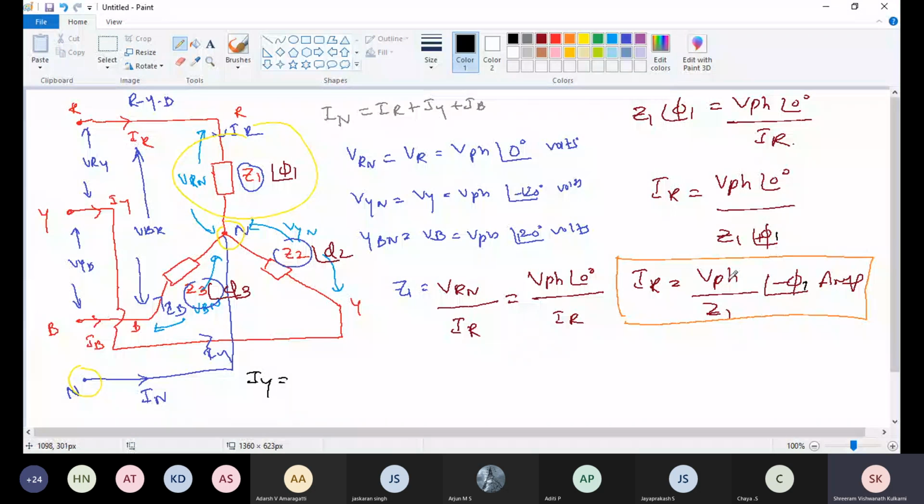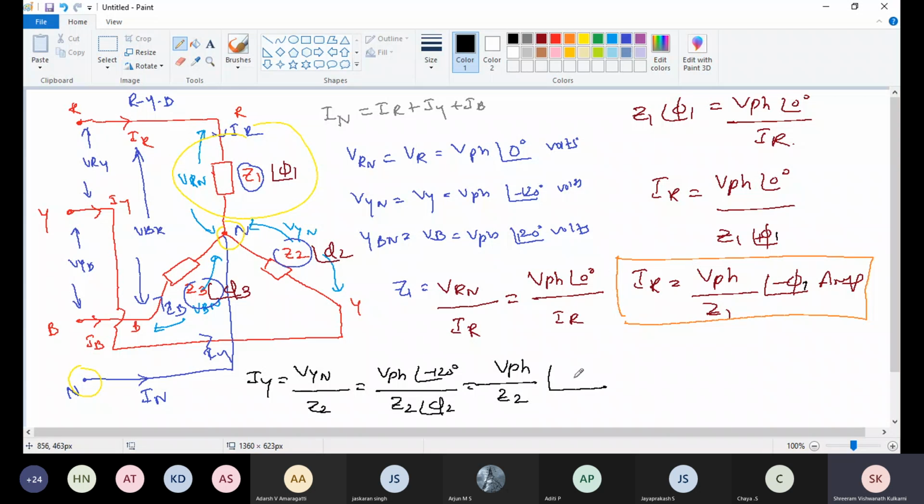IR is V phase divided by Z1 at angle minus phi 1. Now IY is VYN divided by Z2. Here VYN is V phase at angle of minus 120 degrees, and Z2 is Z2 at angle phi 2. So IY is V phase divided by Z2 at angle of minus 120 minus phi 2. Correct, Arjun.